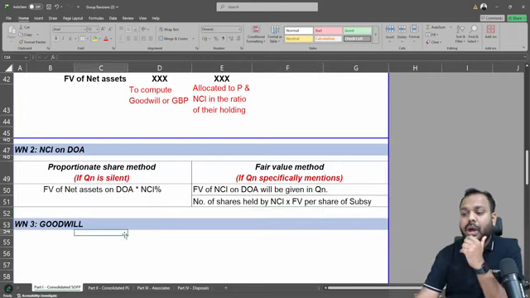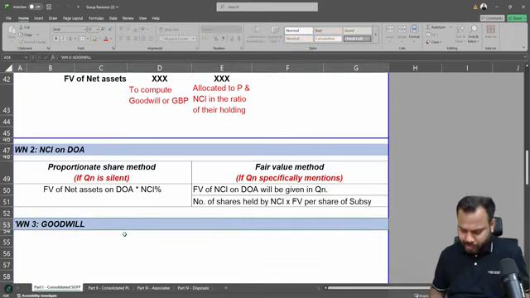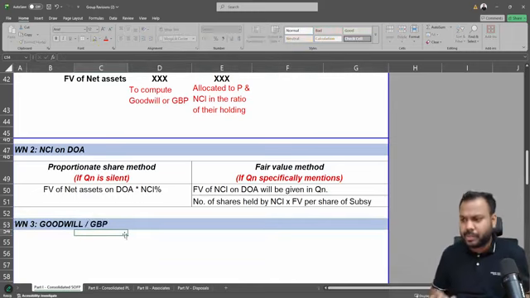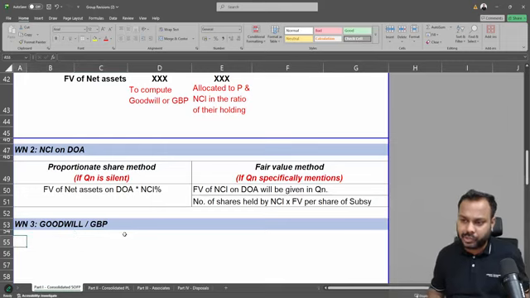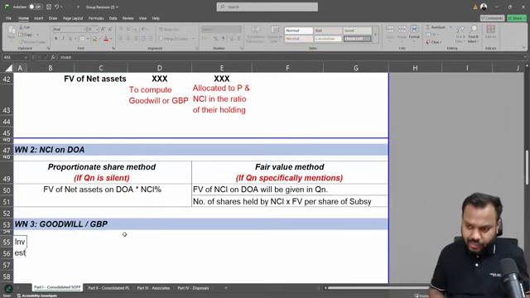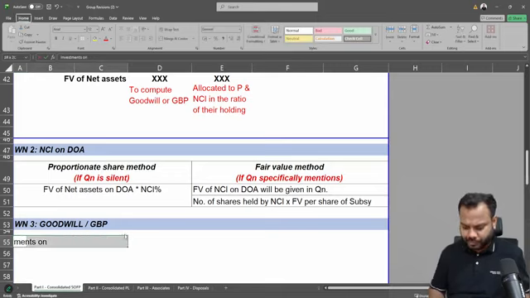Now moving on to how to compute goodwill or gain on bargain purchase. How to compute that? Let us discuss now. First of all, I will take up investments on date of acquisition. What is the value of investments?